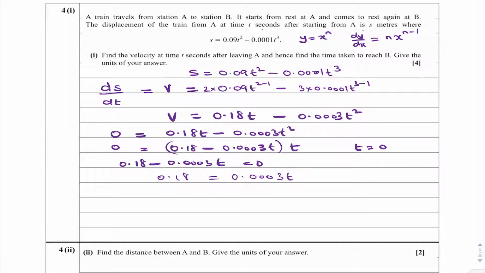Now I need to divide both sides by 0.0003, and I get t equals 0.18 over 0.0003, and that gives me 600 seconds, which is, if I divide it by 60, I get 10 minutes.